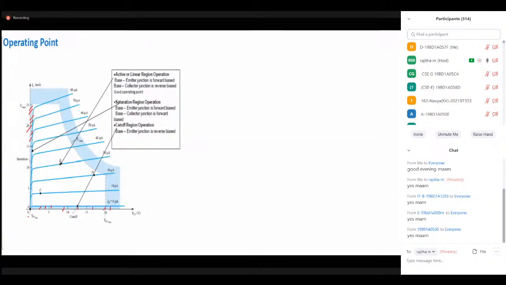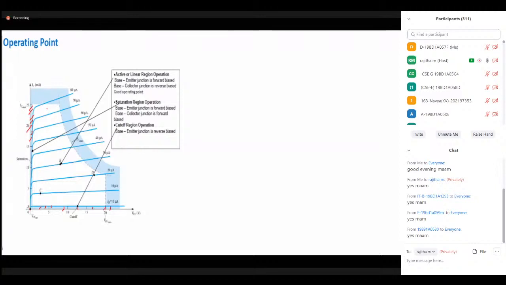Whenever the collector to emitter voltage becomes negative, the transistor operates in the saturation region, since the base to collector junction becomes forward biased. In an NPN transistor, the collector needs a negative voltage to be forward biased. So when I apply a negative voltage to the collector terminal, the base to collector junction becomes forward, as well as the input junction, and the transistor operates under saturation.